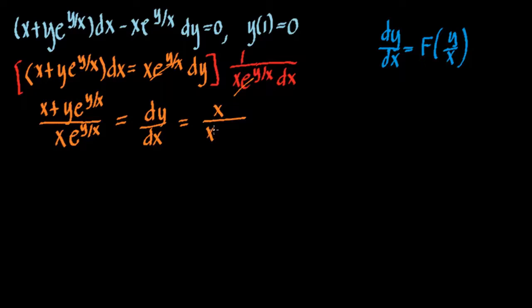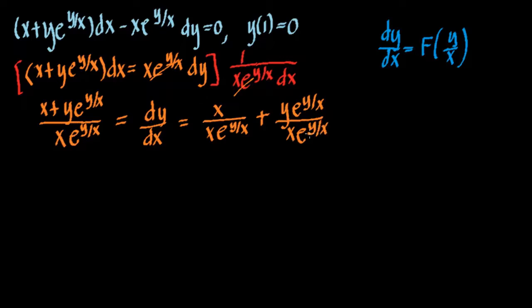So we have x over x e to the y over x plus y e to the y over x over x e to the y over x.